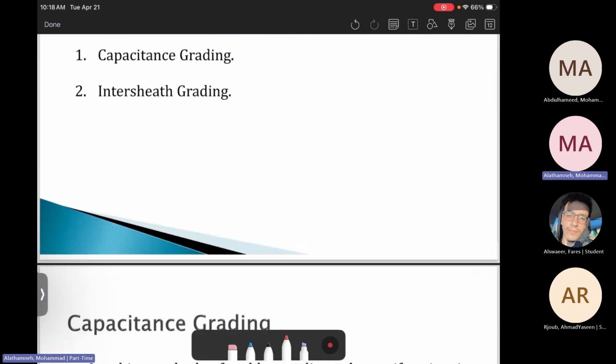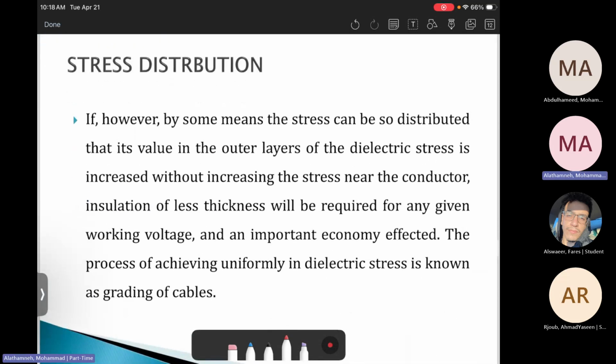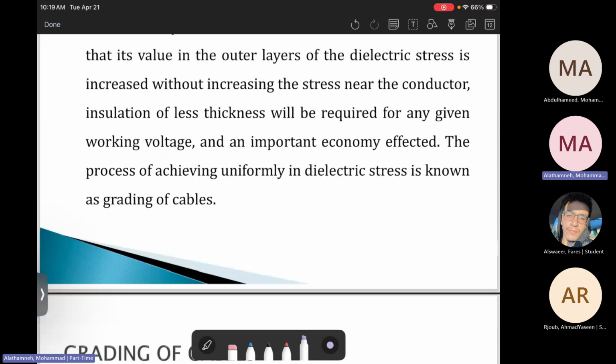We will see the picture later. So the stress can be distributed. So how about making the outer layer of the dielectric stress less, while the insulation layer that is expensive is inside and the less expensive is outside.